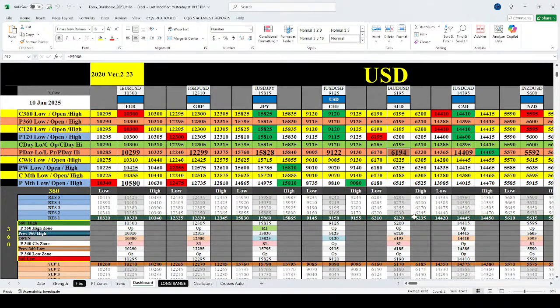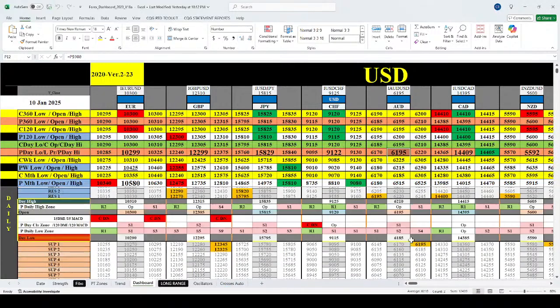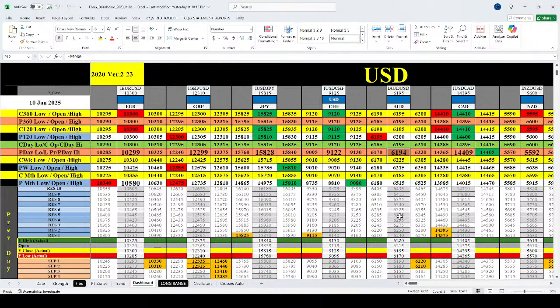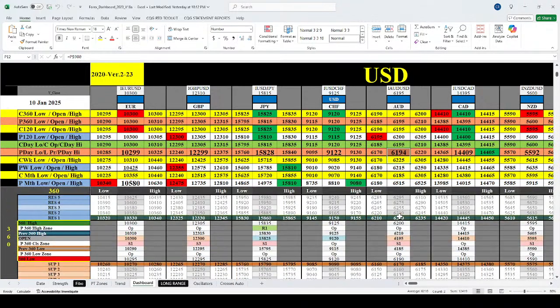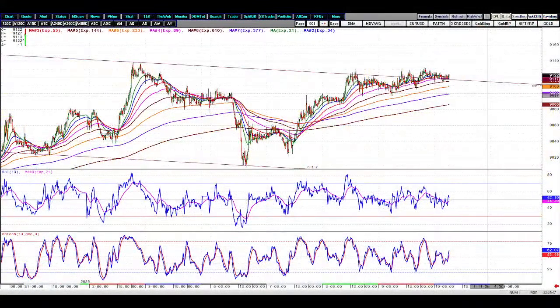If it's slightly higher, then we can go on an extension towards 62.30 or 62.45. And 61.70 must break. If it breaks, then we can see 61.50 or even 61.35 for today. So now let's confirm that with the chart.